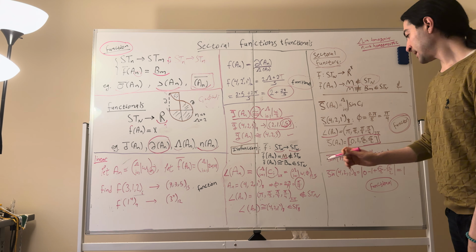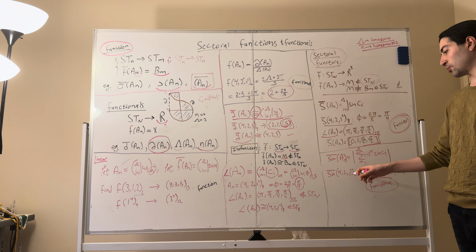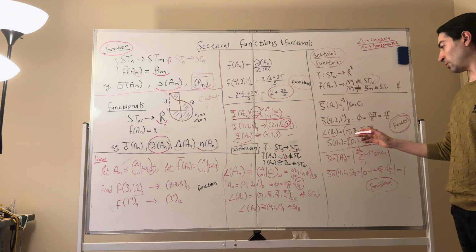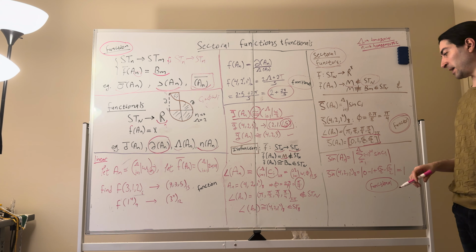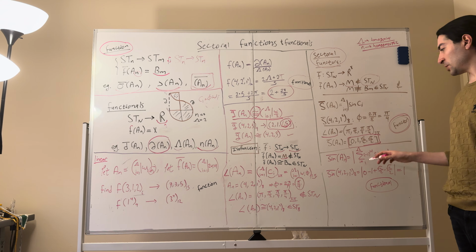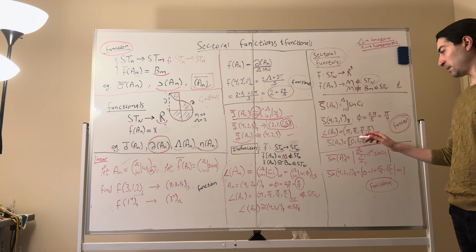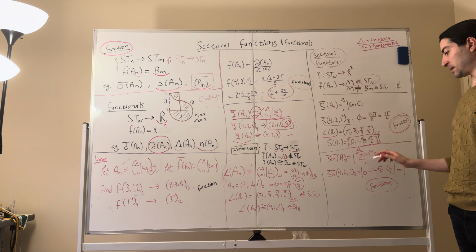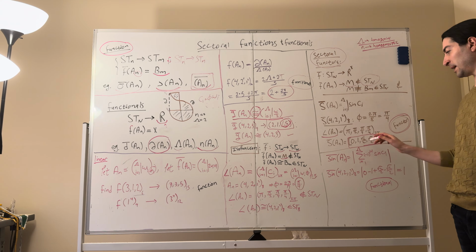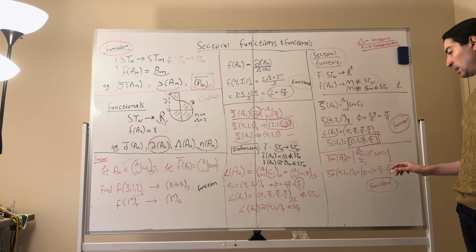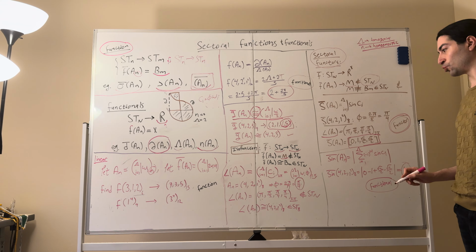So let's look at sine bar of 4 to 1 squared subscript 8. We've already figured out what the signs are. Now we just need to apply this relationship. So we'll say 0 minus 1 plus square root of 2 over 2 minus square root of 2 over 2. We get negative 1, we take the absolute value, and the result is 1.